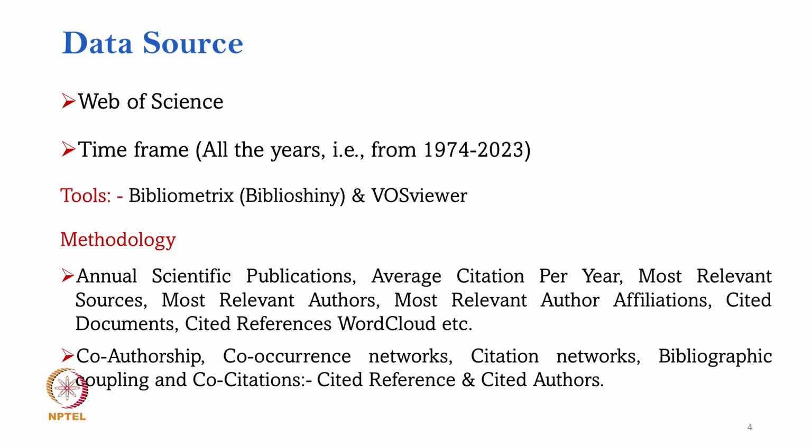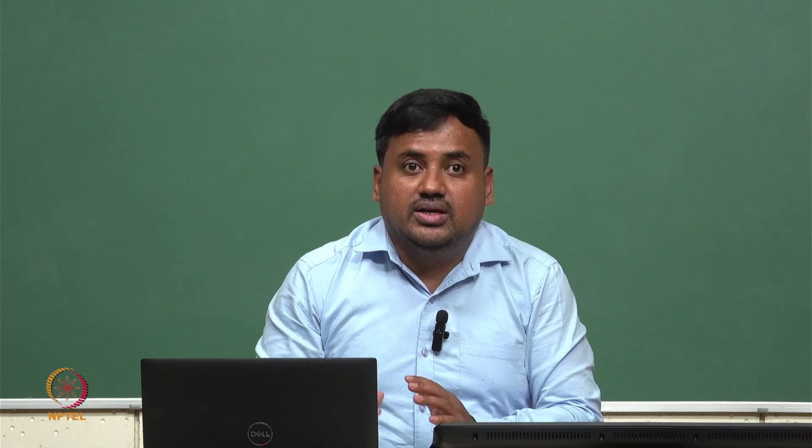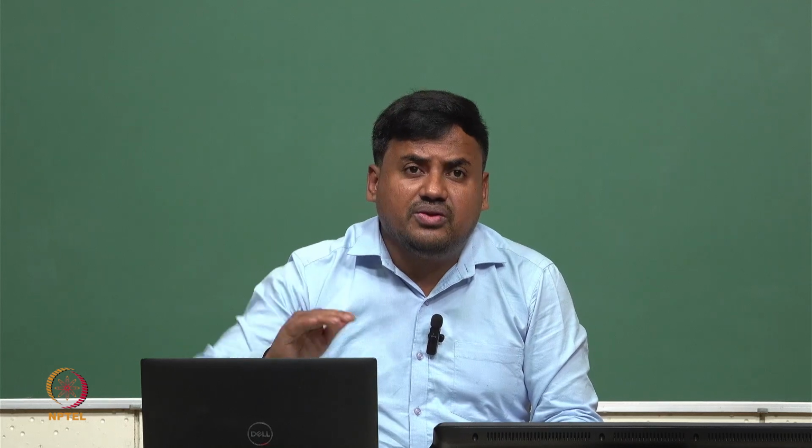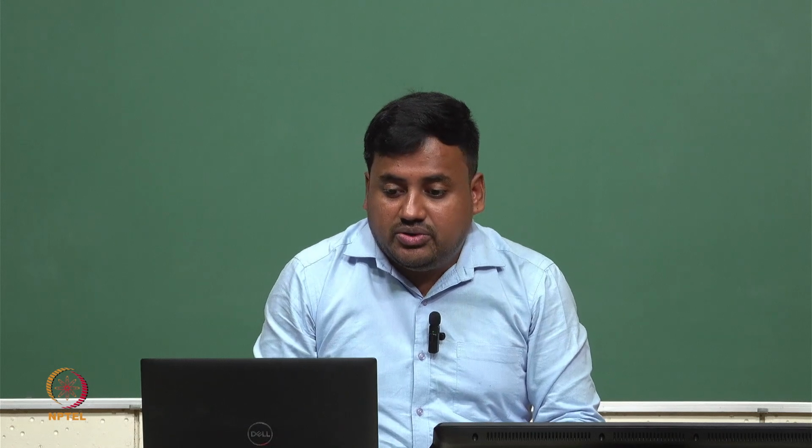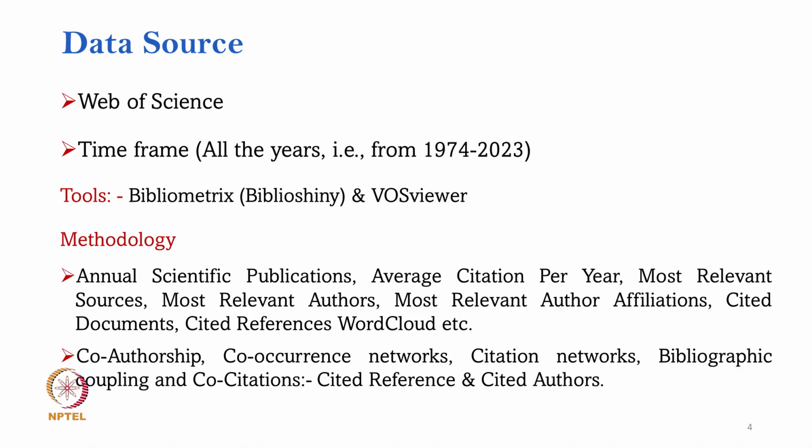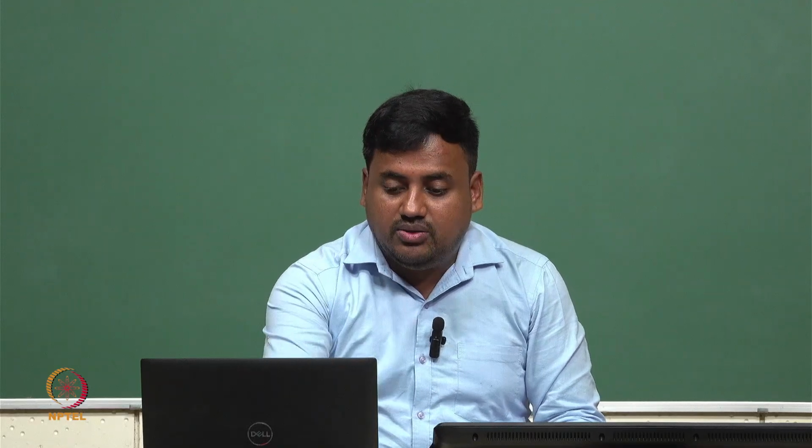We will look at the methodologies we can apply to identify research impact, the year-wise growth of research articles, and various collaboration networks and co-citation networks, using Bibliometrix, the R package, and OSViewer. Let's look at it.